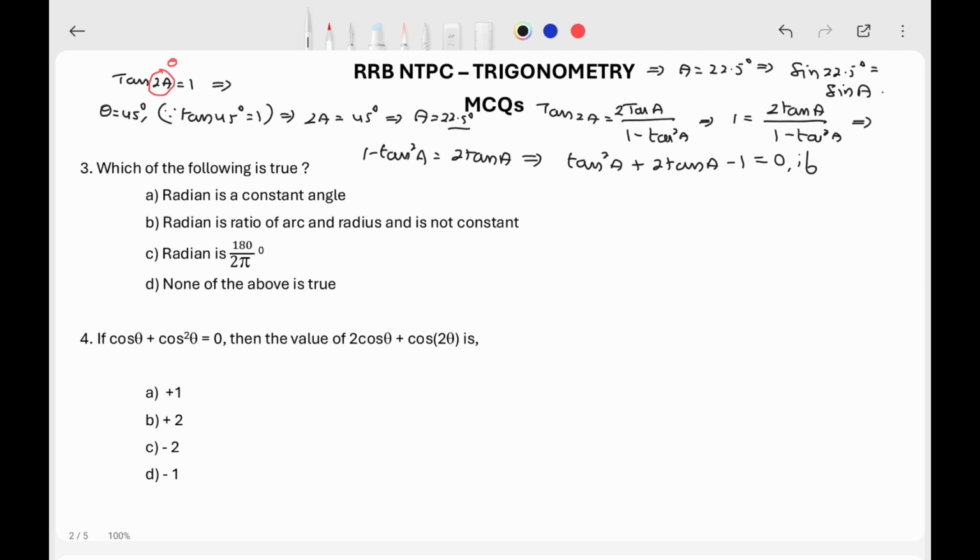If tan a is equal to x, that implies x square plus 2x minus 1 is equal to 0. Solve this quadratic equation and give me the value.